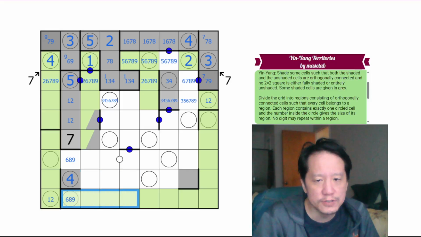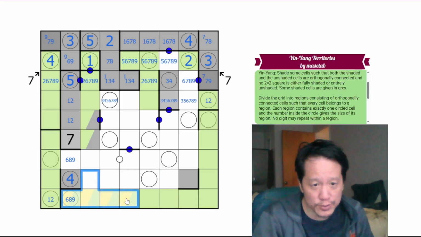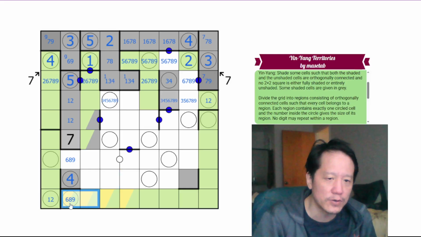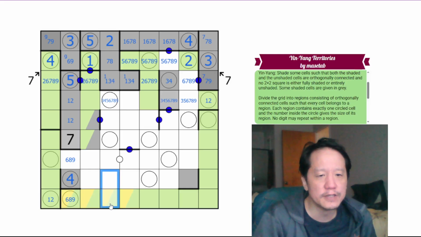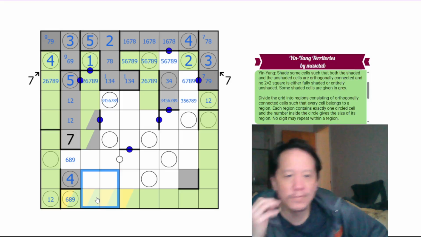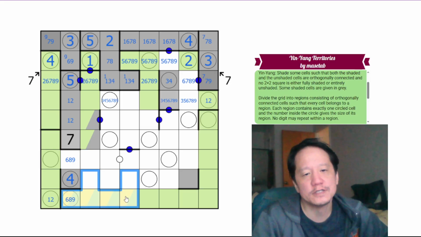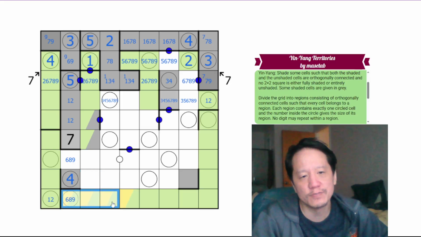So we know this is all the same region. Sorry, at minimum, you have to have 1, 2, 3, 4, 5, 6, and this can't be part of that region because then that would force shading here, and this would be a 2x2 area that's all unshaded, right? So that's why we had 1, 2, 3, 4, 5, 6 is possible. So this is all the same region.